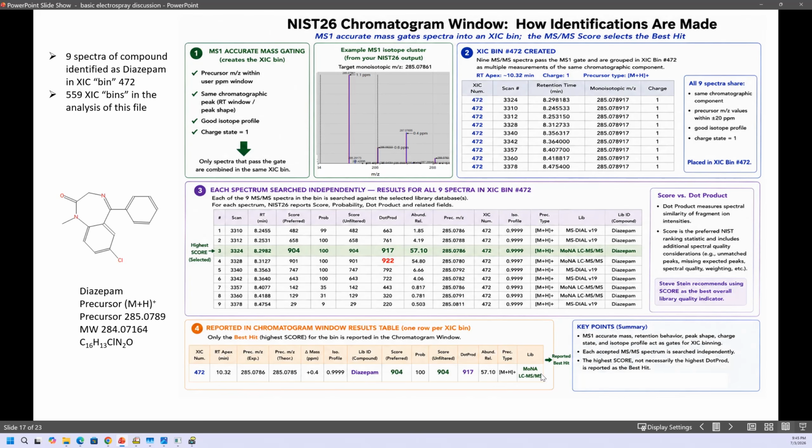Diazepam, it'll have the retention time, it'll show what library it came from, and so that'll be the final thing in the table. And like I said, there were 9 spectra for this compound that were diazepam that it thought were related in bin 472. But overall, there were 559 things that it put in bins and did library searches to find the best hit for those different bins.